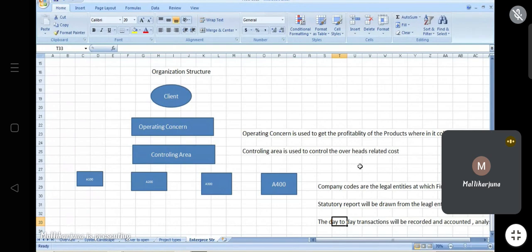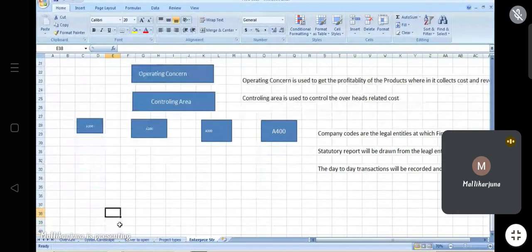When people ask you what the organizational structure of the FICO is, one must be able to depict it. So this is the structure from the FICO perspective: operating concern, controlling area, and company codes. As I said, company and company codes are different.